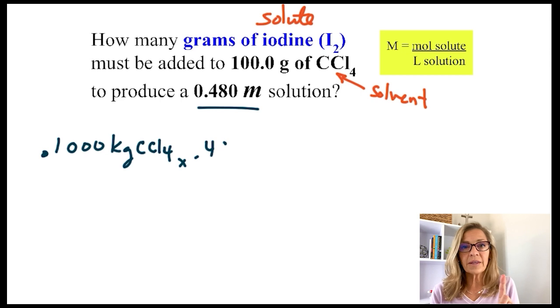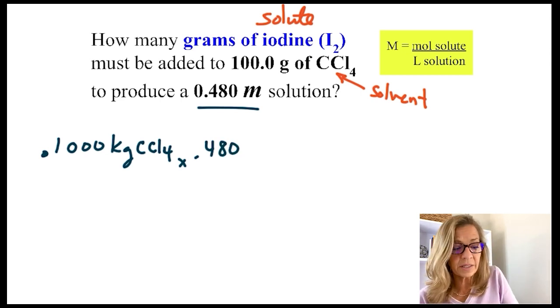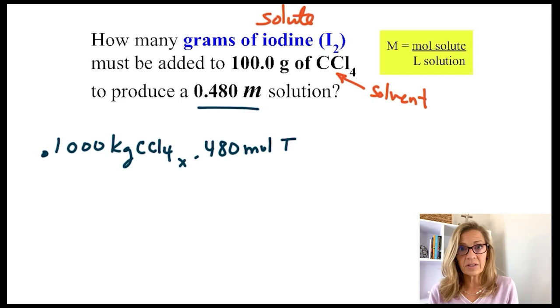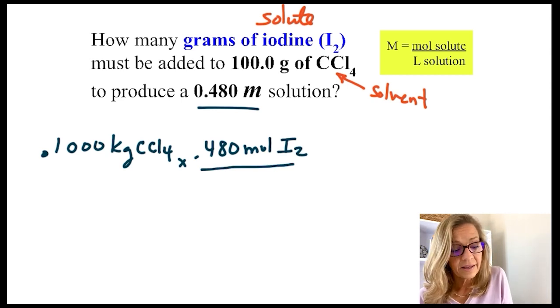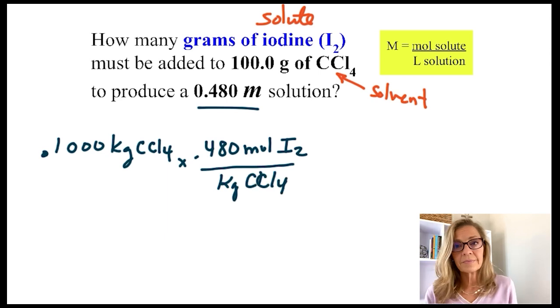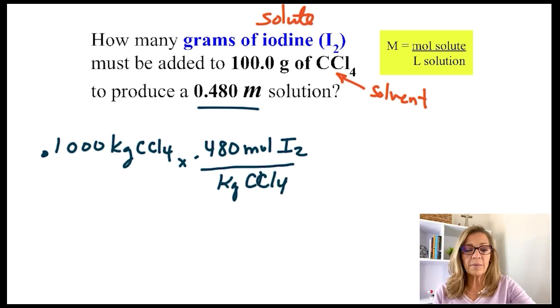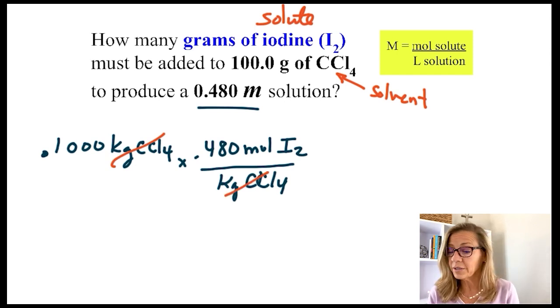Now watch how I do this. Instead of molality, I'm going to say moles of iodine, solute, per kilogram of CCl4. Okay, so if I stop right here and multiply, what happens? Kilograms cancel. So now I'm left with moles of I2.